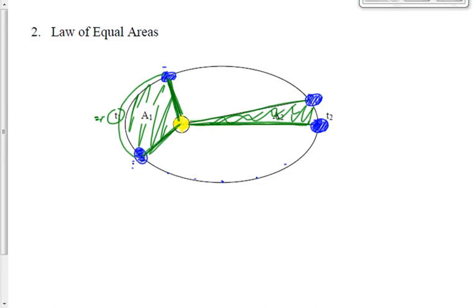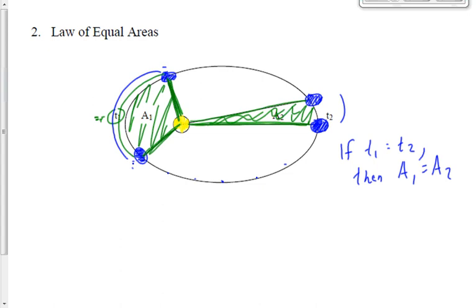If T1 equals T2, in other words, if we fast forwarded 3 months here and 3 months here, if the time intervals are the same, then A1 equals A2. In other words, during equal time intervals, a line joining the sun to the Earth will sweep out equal areas.